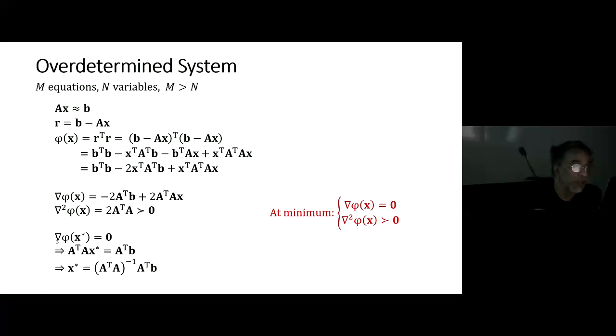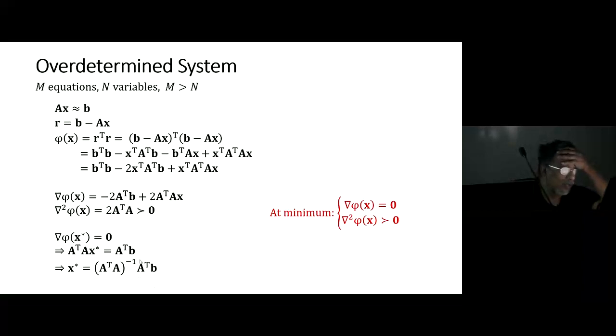So del phi of x star, where x star is the minimum, is equal to 0. Note that we have 2 and 2 common here, and we have a negative sign. So from this expression, we get A transpose A x star equals A transpose B. Since A transpose A is full rank and invertible, x star equals A transpose A inverse A transpose B.